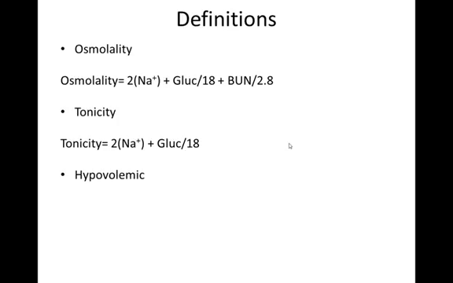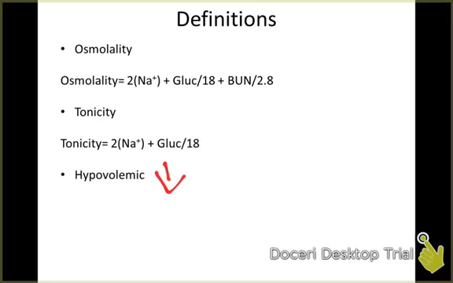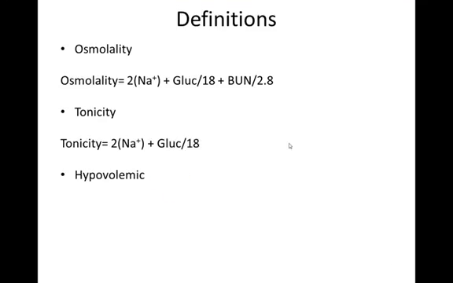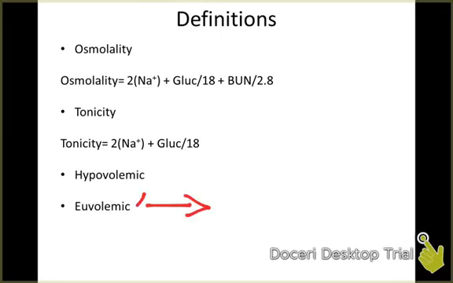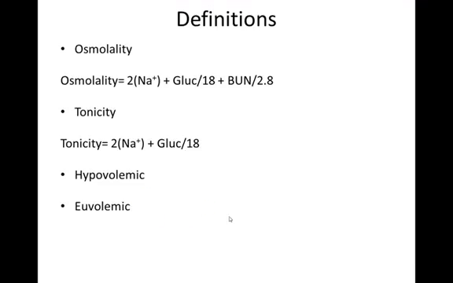If someone's hypovolemic, it's most likely that they have a low extracellular fluid volume. Now, if someone's euvolemic, their extracellular fluid volume is normal. There's no change in their extracellular fluid volume.